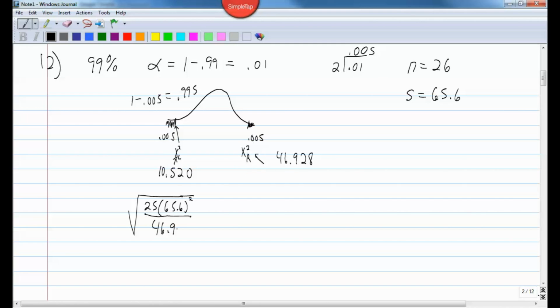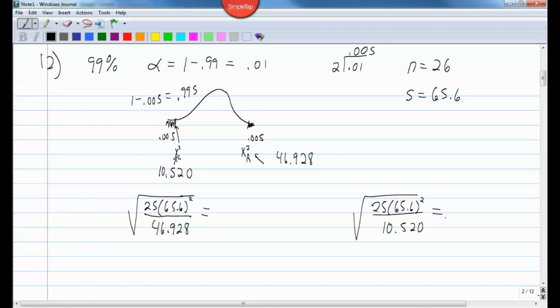So it's 46.928. And this is going to give me the left endpoint of my confidence interval. I'm going to go ahead and write down what I need for my right endpoint. 25 times 65.6 squared over, since this is the right endpoint, I need the left critical value. That's 10.520.